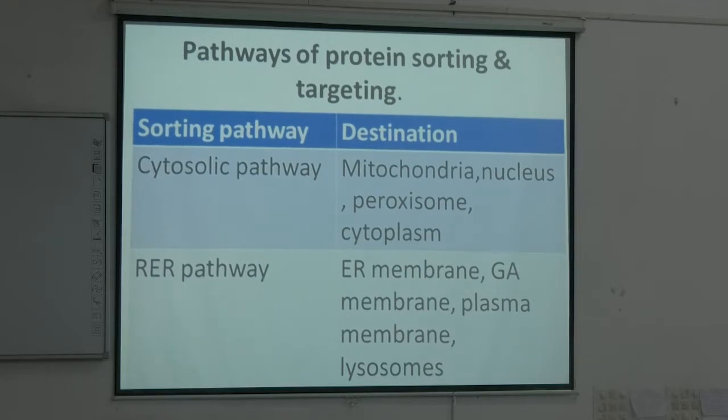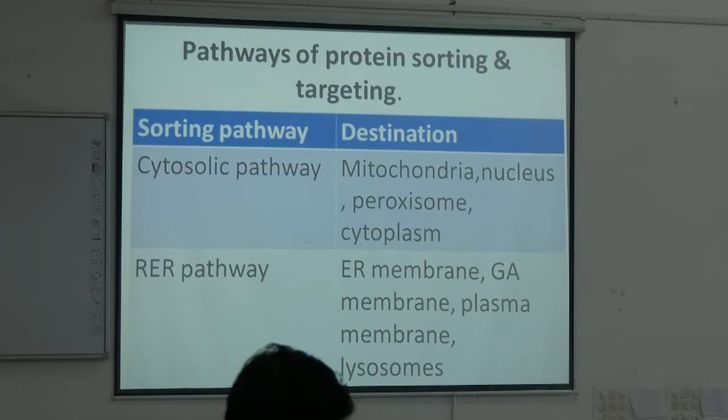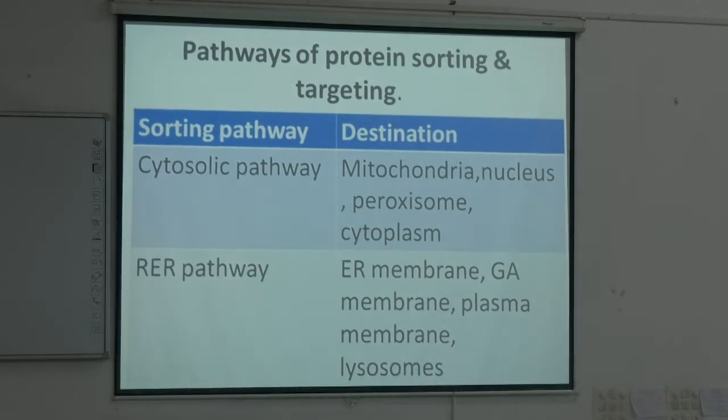Understood? So proteins reach their destination through two pathways. Through the cytosolic pathway, the targets are mitochondria, nucleus, peroxisome and cytoplasm. Through the rough endoplasmic reticulum pathway, the targets are the endoplasmic reticulum membrane, Golgi apparatus, plasma membrane and lysosome.